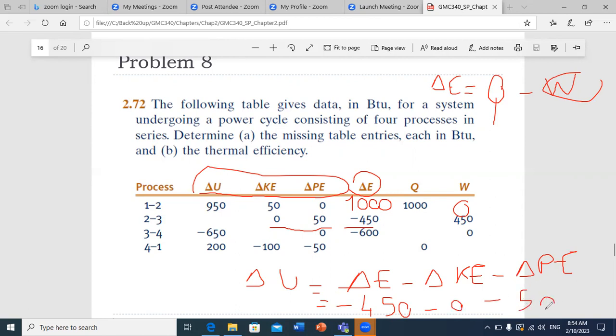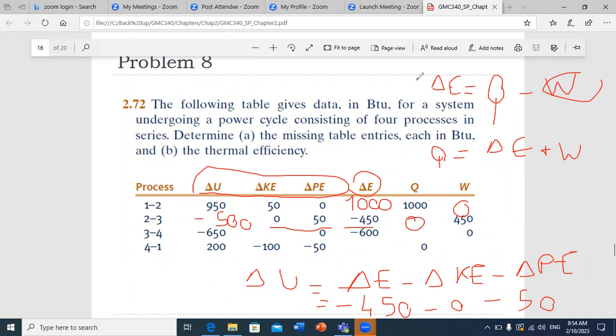So it's equal to minus 500. So delta U is minus 500. And now because we know delta E and we know the value of W, we can get Q. We know that Q is delta E plus W. So because it's minus 450 and plus 450, Q here is 0.